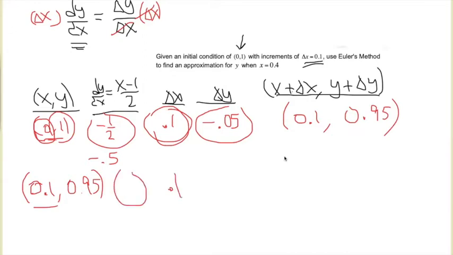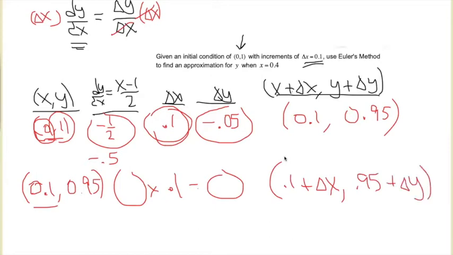Whatever this value is times 0.1 is going to be your delta y, and then you have 0.1 plus delta x, and then 0.95 plus delta y is going to be your next increment, and then you got to do that. You got to loop it around. All right.